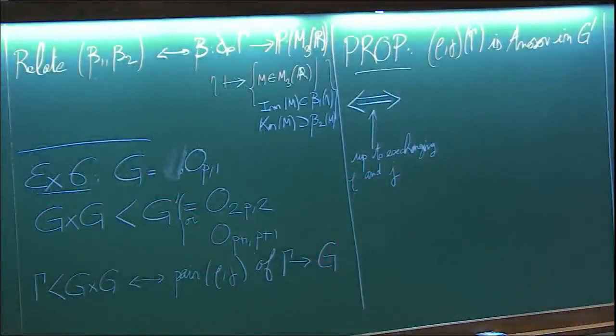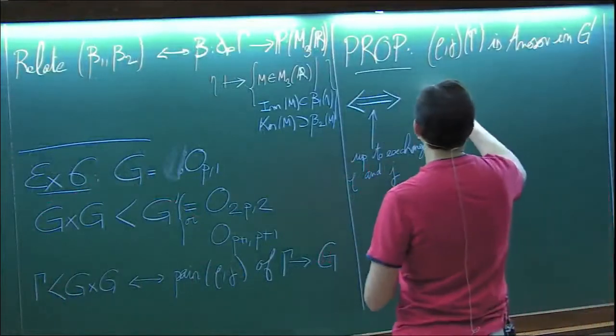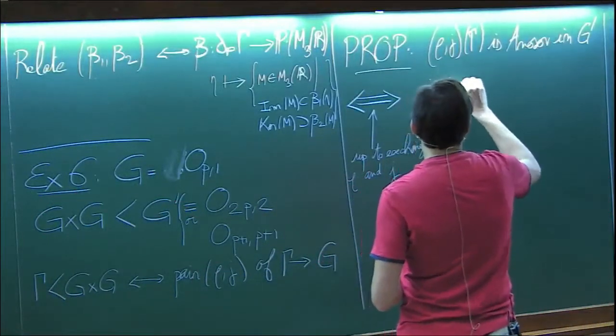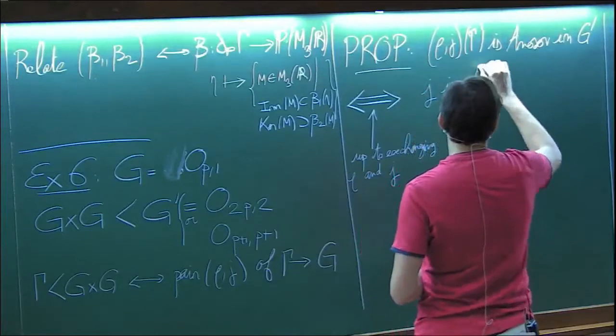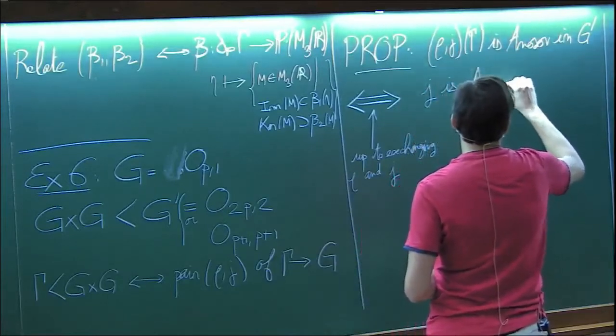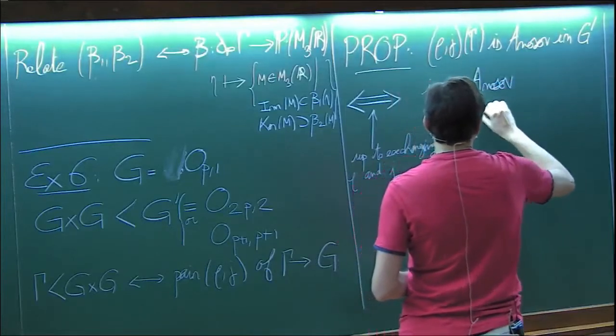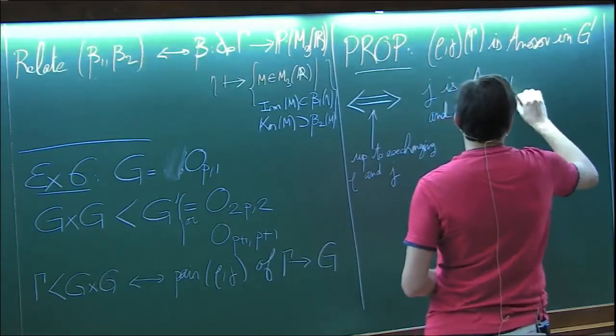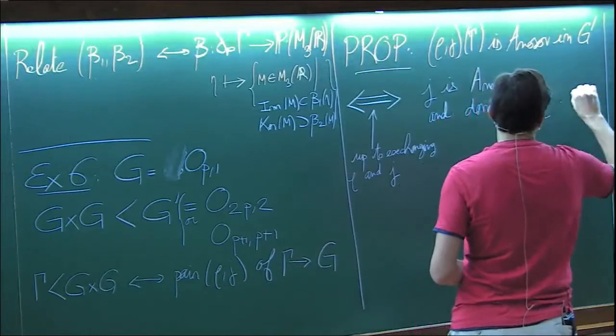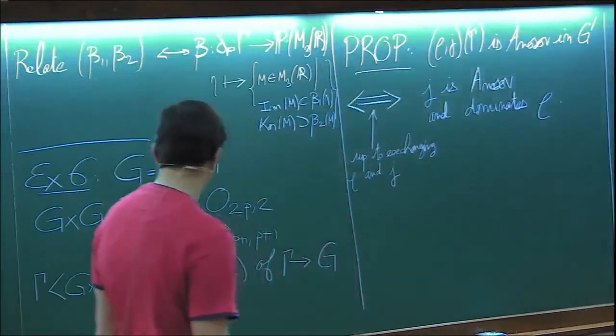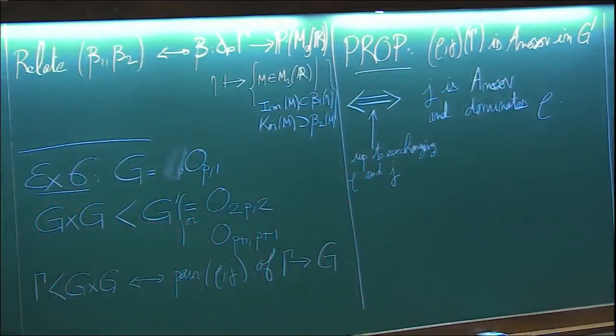And so the condition is that J is Anosov and dominates the representation rho. Okay, so in Francois' talk there were pairs of representations like this.